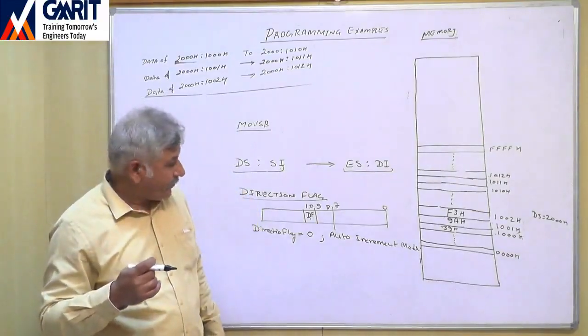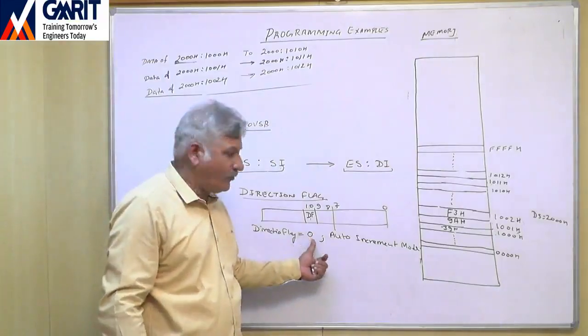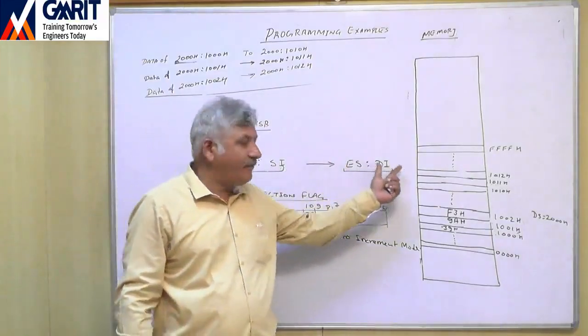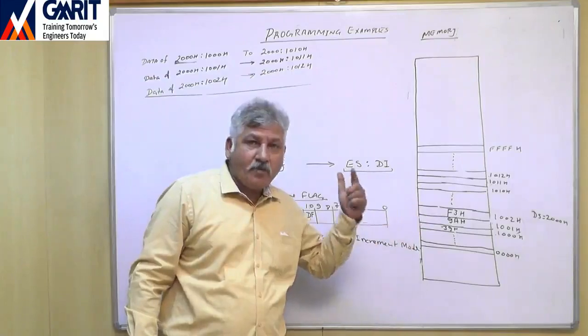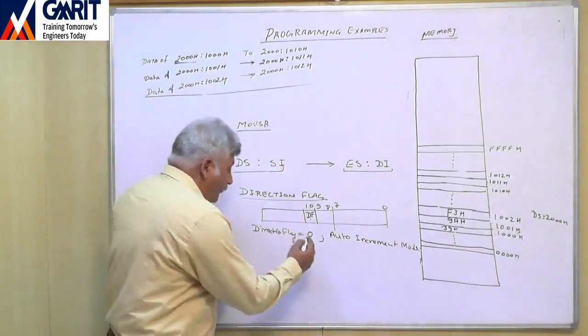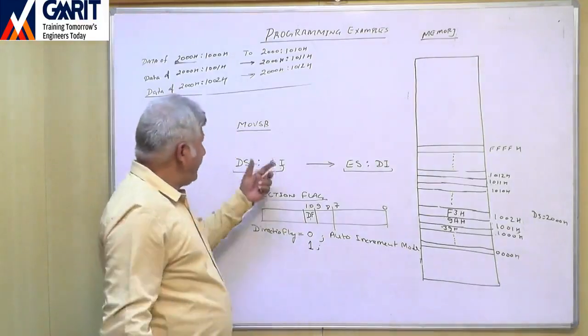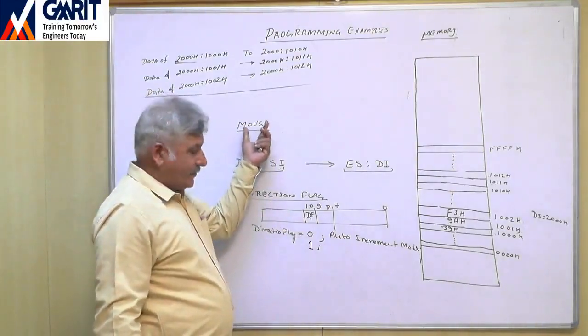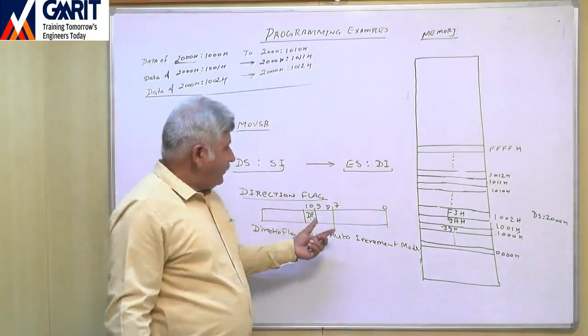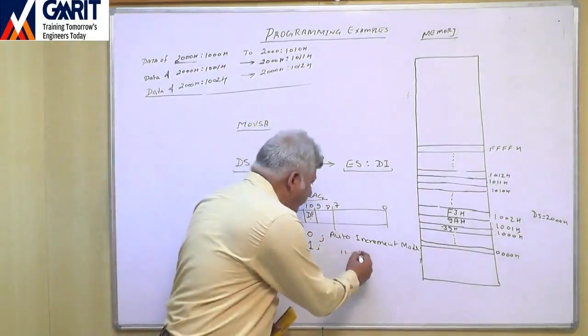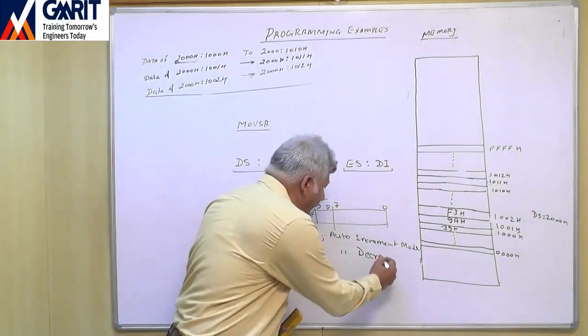So if the direction flag is 0, SI and DI are increased by 1. If we make the direction flag 1, then with the move string byte instruction, it means auto decrement mode.